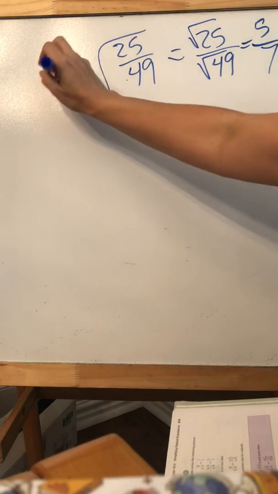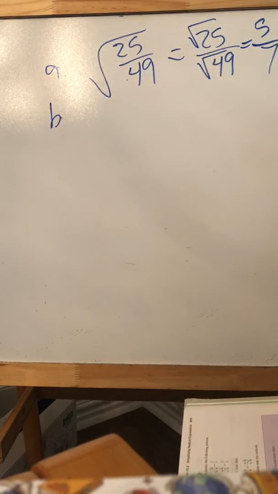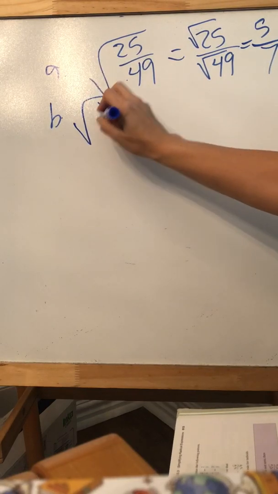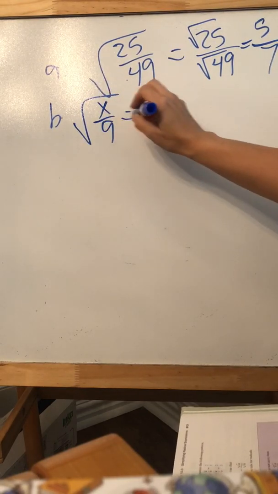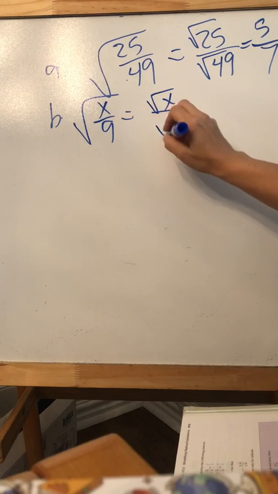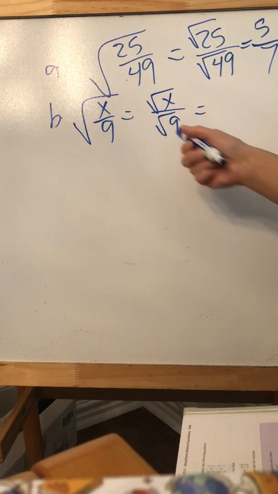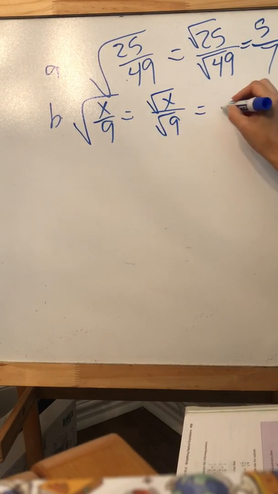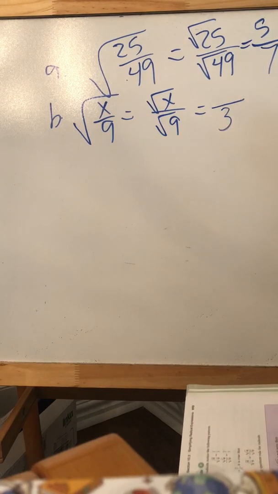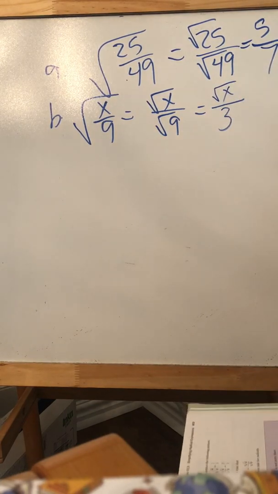Okay, that's A. Let's look at B. The square root of x over 9 can be rewritten as the square root of x over the square root of 9. You know the square root of 9 is 3. So we end up with the square root of x over 3.